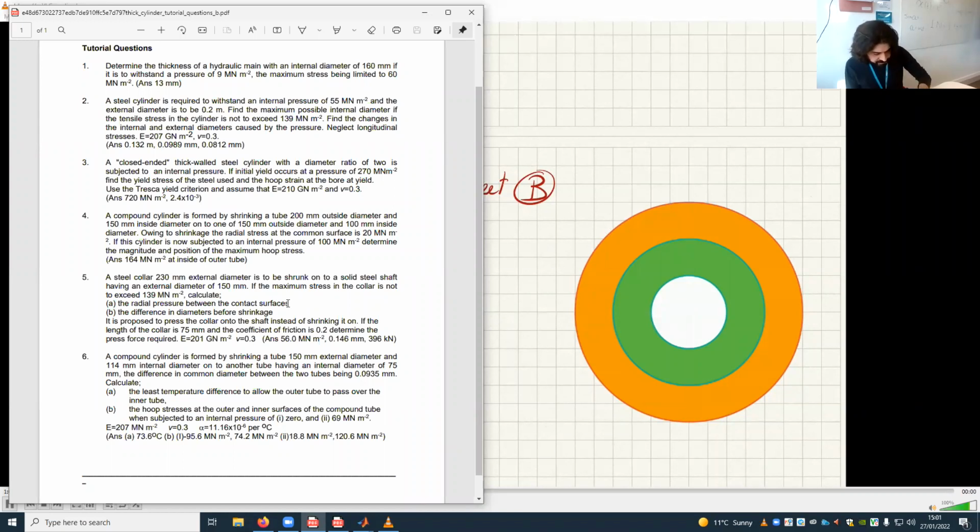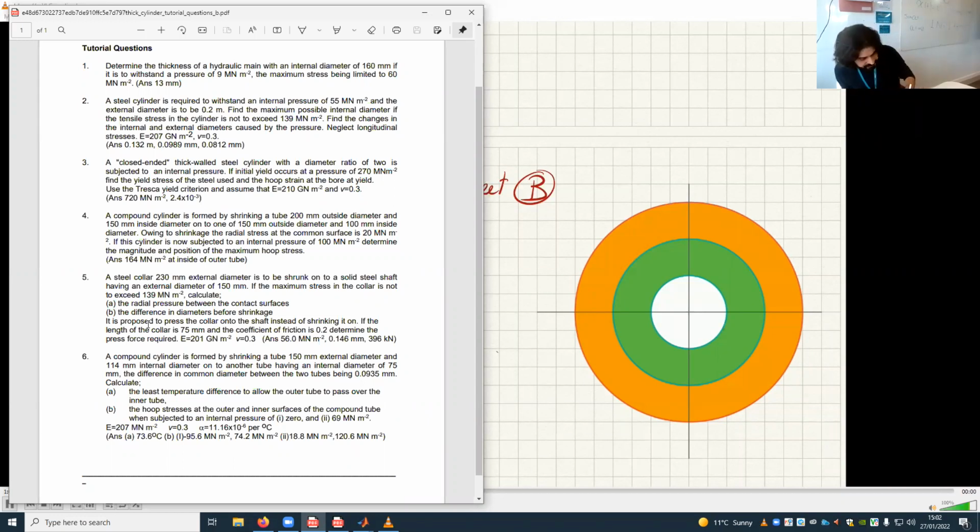Okay, guys, let's resume. All right, so let's solve question 4 of tutorial sheet B. So we have a compound cylinder. Remember, you have the core and the sleeve, or the internal layer and the external layer, inner layer, outer layer, however you want to call it.